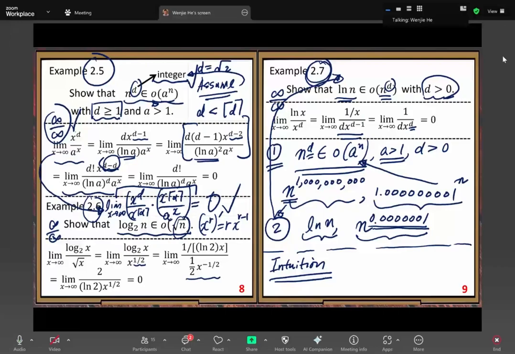One student in this class, in some previous semesters, probably last summer, as I remember, asked me one question. Here I'm talking about something related to this intuition.